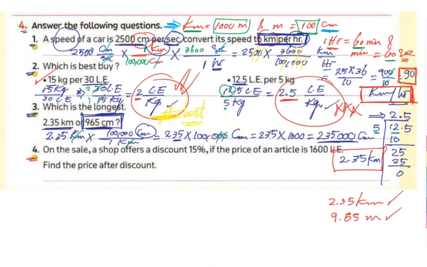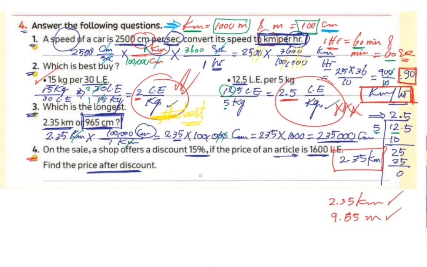Question 4. On the sale, a shop offered a discount. The discount is 15% and the price of the article is 1600 LE. Find the price after discount. We solved one like this about 10 minutes before. Now I have the percent and the total price.